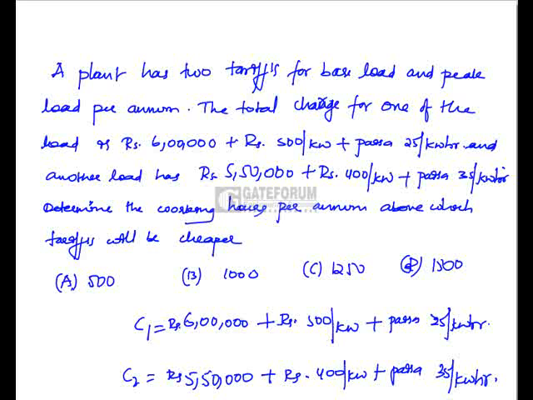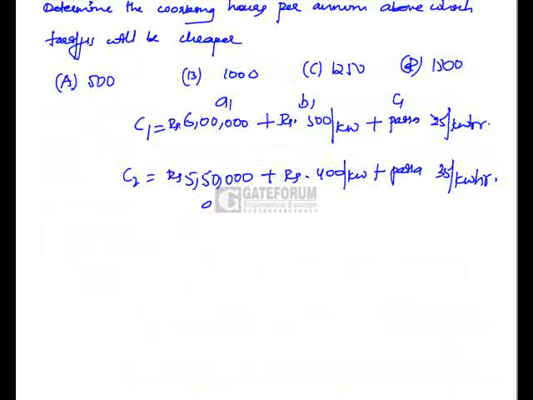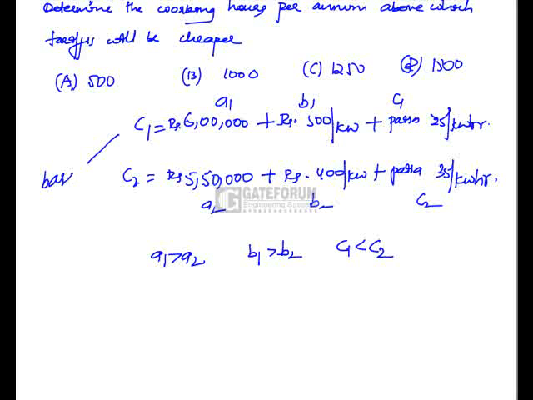I can write this one as A1, B1, C1 and this one as A2, B2, C2, where A1 is greater than A2, B1 is greater than B2, and C1 is less than C2. This one is the base load and this one is the peak load, which we find based on the running cost and fixed cost.